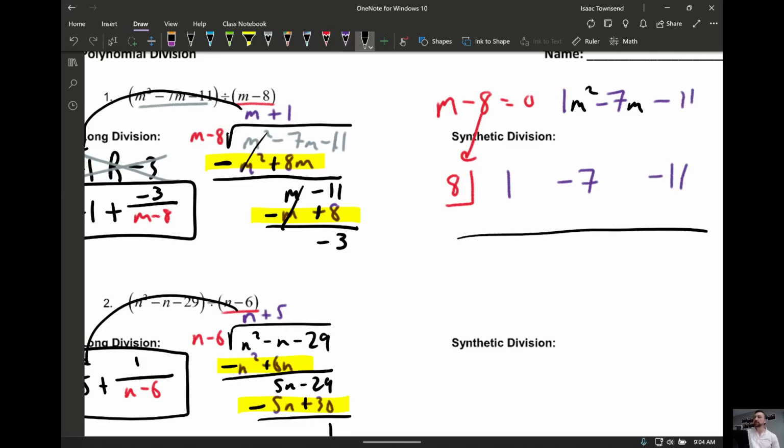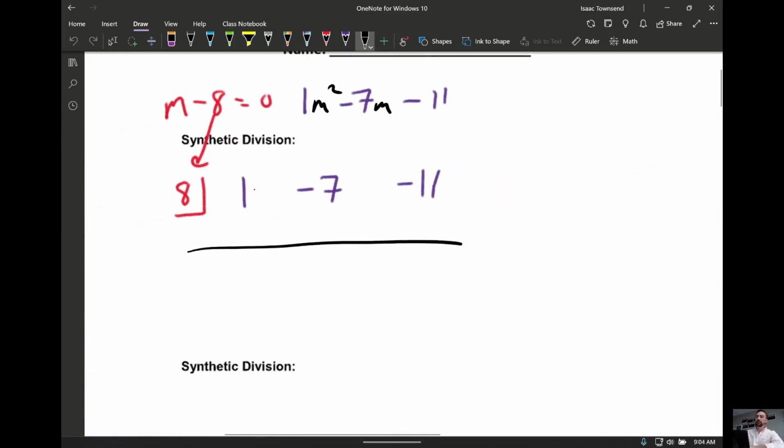They have to be in decreasing order like that: this many of those, this many of the next thing, this many of the next thing, and the last thing should be your constant. But if you put these in a different order, synthetic division thinks you're solving something different.